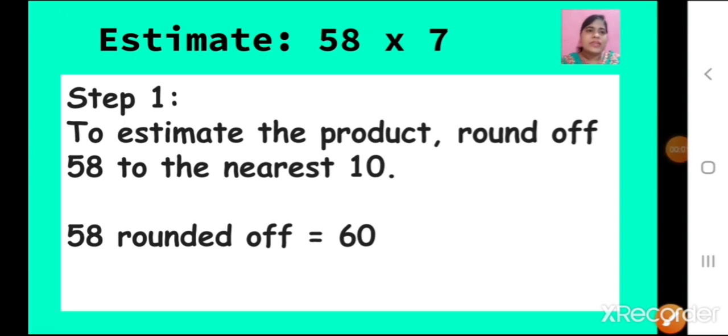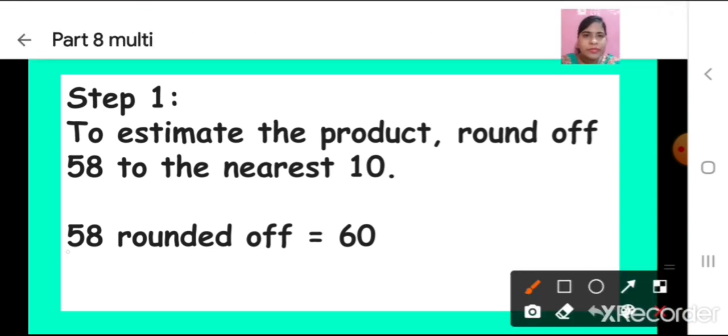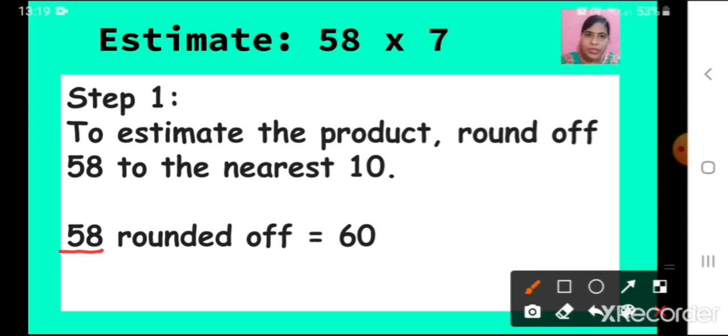So let us round off the number 58. Now children, how to round off the number 58? For rounding off to nearest 10, we first look at the number at the ones place. This is the ones place and this is the tens place. At the ones place, if the number is 5 or more than 5, we add 1 to the tens place, and the number at the ones place becomes 0.